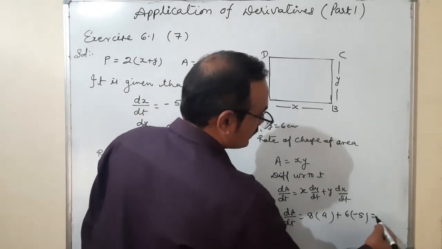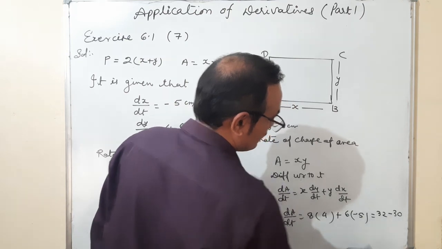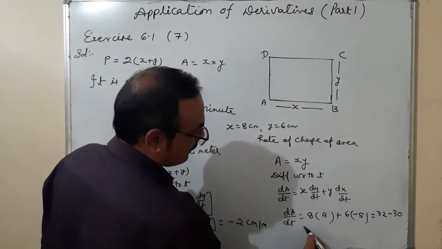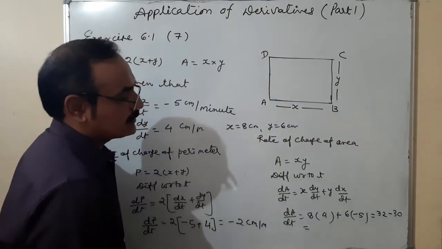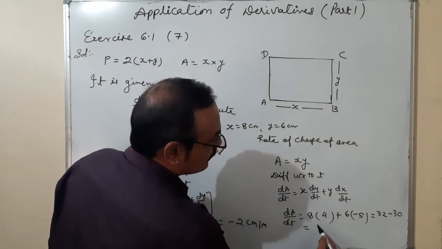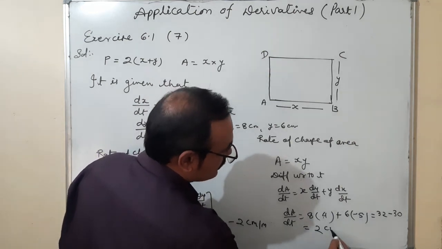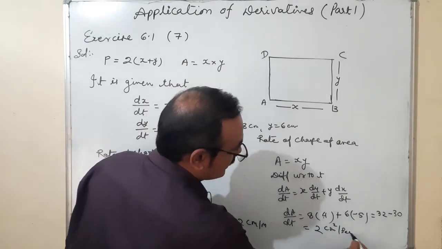So this is 8 times 4, 32, minus 6 times 5, 30. 32 minus 30, that means it is coming 2 centimeter square per minute.